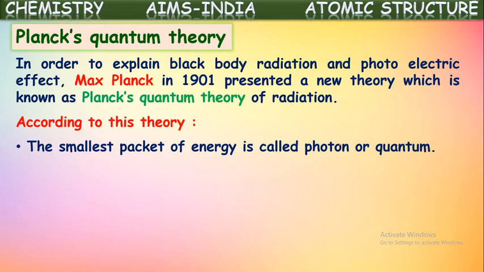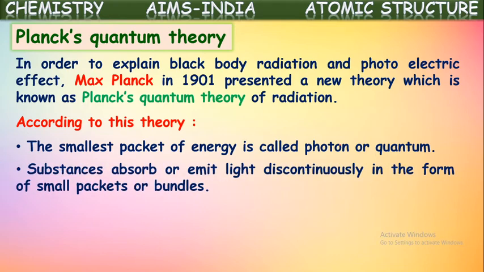Max Planck proposed that the energy emitted by any body or any radiant is not emitted in a continuous form, but in small packets. Each packet of energy is called a photon or quantum. Okay.